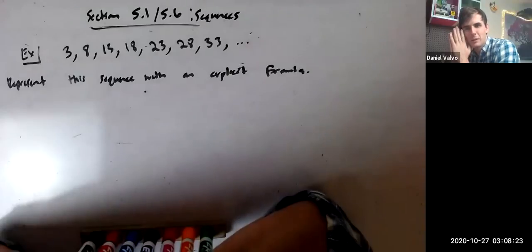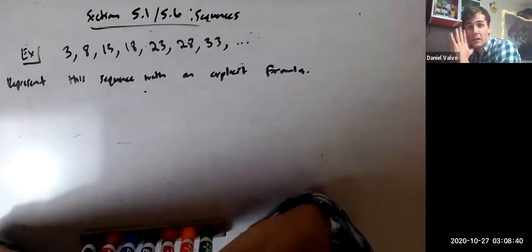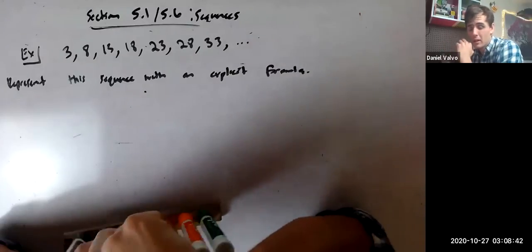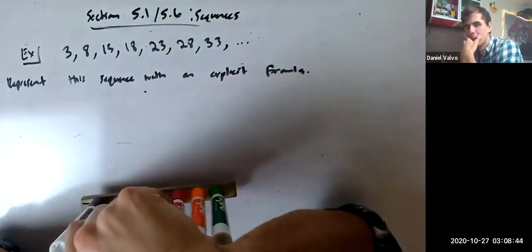How would you write this with an explicit formula? So what's the pattern here?